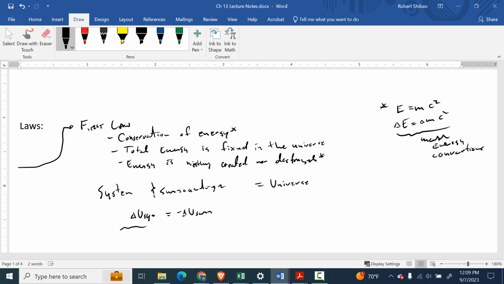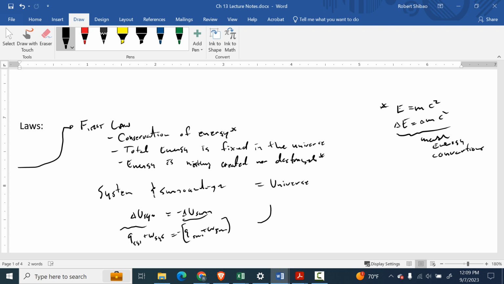Now, delta U of the system is equal to Q of the system plus W of the system. Does this look familiar? This is going to equal minus Q of the surroundings plus W of the surroundings.